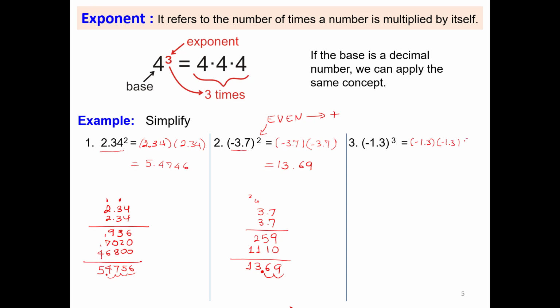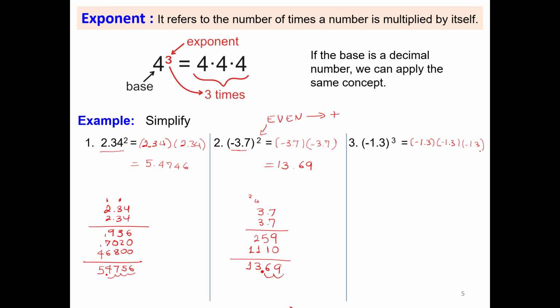We multiply this one like that. That is negative 1.3 times 1.3.